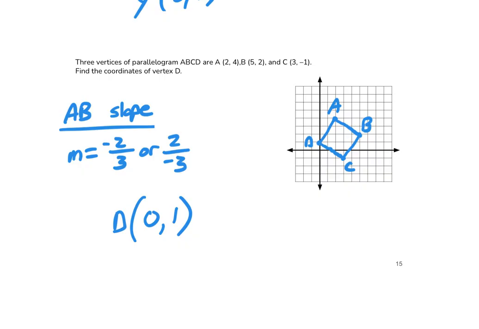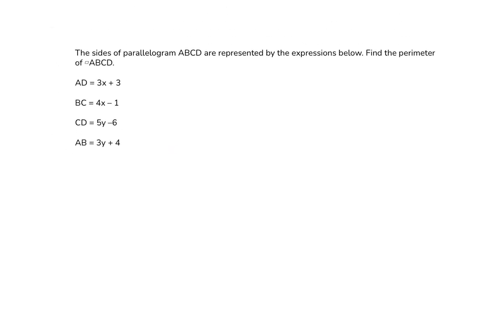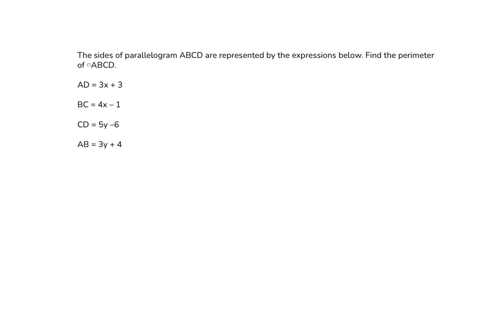All right, on this last one, it's some more algebra again. The one that we had yesterday, we had some like this on Big Ideas, and a few people were struggling with the algebra part of it. What you've got to make sure of is, if you're ever going to solve an equation, I can't really solve an equation that has an x and a y in it, right?